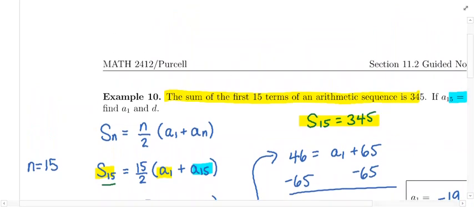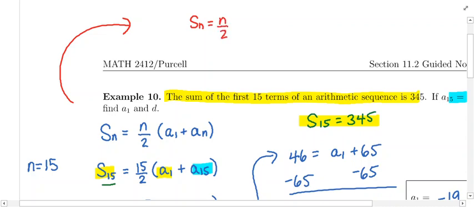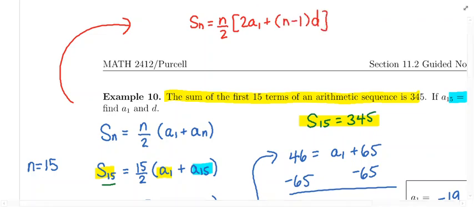So I'm going to come up here, and I'll put it in a different color. We know that the second formula is Sn is equal to n divided by 2 times 2 A1 plus n minus 1 times D. Here we're going to be looking for our D value. We know everything else.